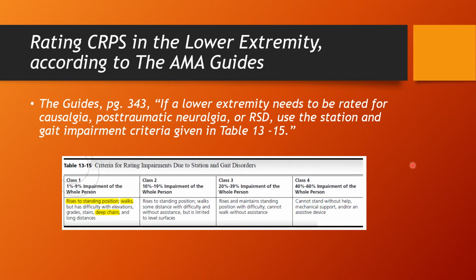As you can see, it's not as cut and dried when it comes to rating someone as you'd expect. Some other conditions we were able to rate a little more easily. The authors of the guides made the decision not to say that the affliction was involving the sympathetic nervous system entirely. So the rating methods are not as exact as we see in other chapters of the guides. So we keep that in mind.